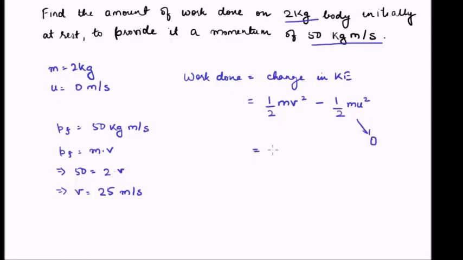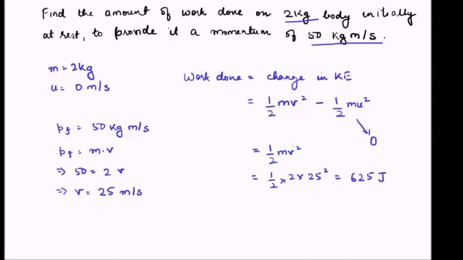Therefore, the work done becomes equal to half mv square, which is half times 2 times 25 square, and that is 625 joule. So we see that the work done to produce a momentum of 50 kilogram meter per second in the body of 2 kg mass is 625 joule.